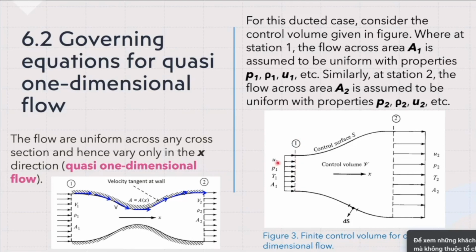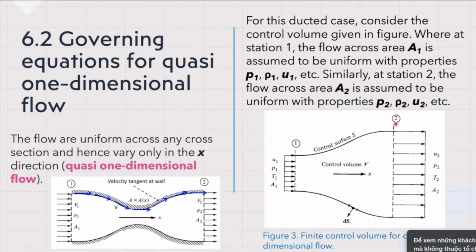So we have all the parameters, the velocity, the pressure, the temperature, as well as the area at station 1. And of course, the flow across area A1 is assumed to be uniform with these properties that I already mentioned just now.